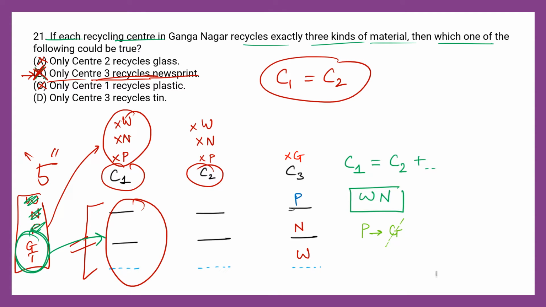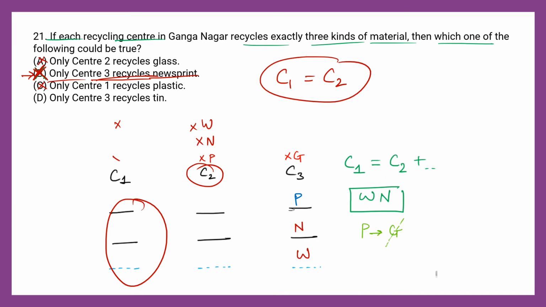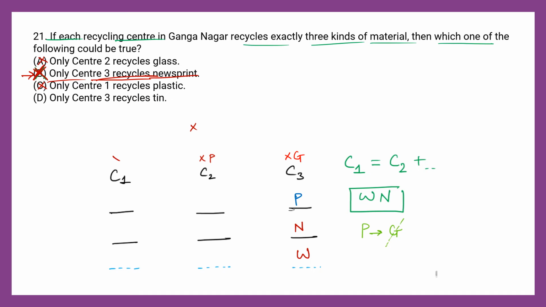So already I know that D has to be the right answer, but let's just try it once so that we know what we're doing. Let's see what option D tells us. I erased some things off. We know that there is no P here, no G here, and there is a P here. Now, is it possible for only center 3 to recycle T?